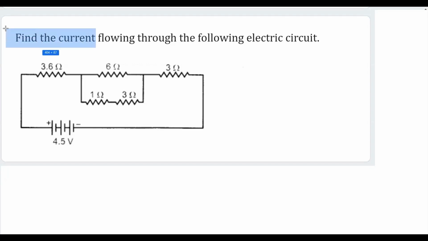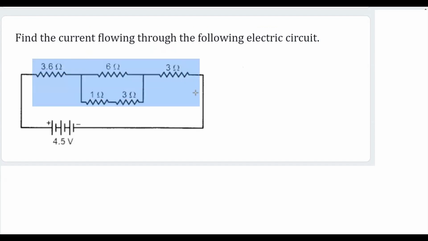In the next question, it says find the current flowing through the following circuit. Now, first of all, we need to see the arrangement of this circuit. If I name these resistors, I'll start from below. Let's say this is R1, this being R2, then R3, R4, and this being R5.